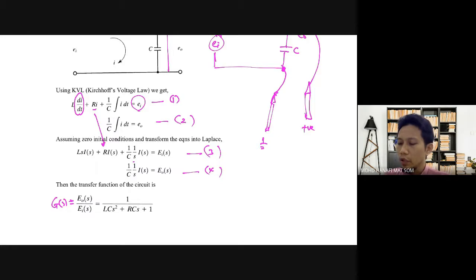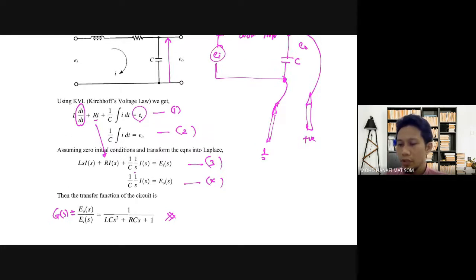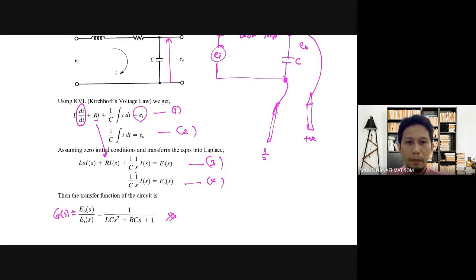Finally, we get 1 over LCs squared plus RCs plus 1. This is just a simultaneous equation between equation 3 and equation 4. Any questions so far? Okay, hope you understand.